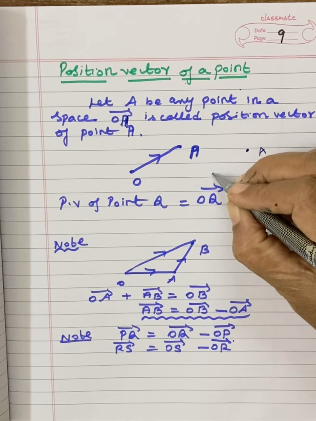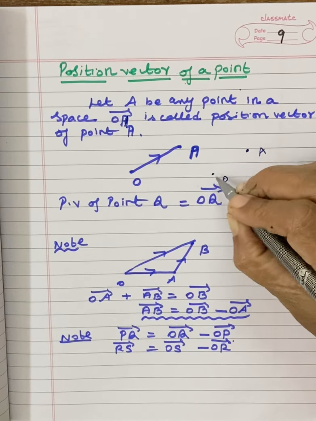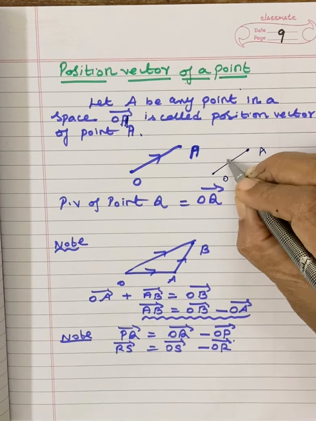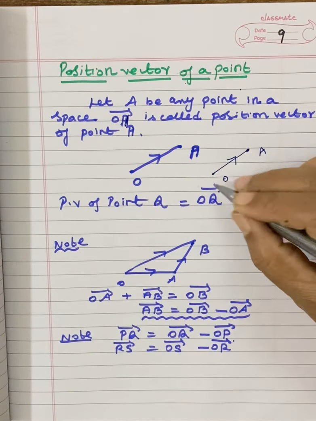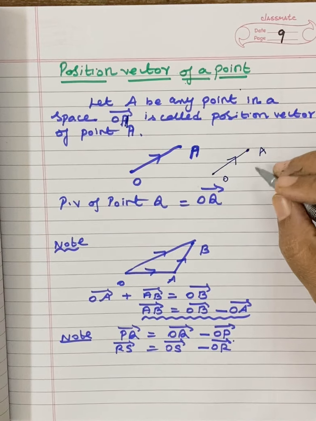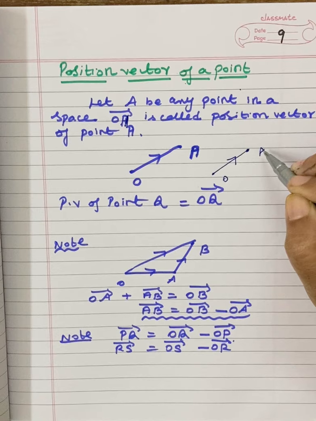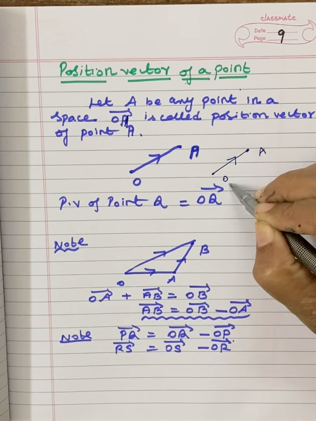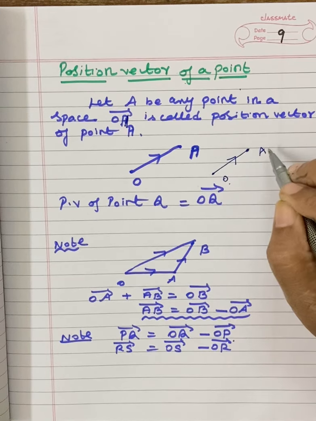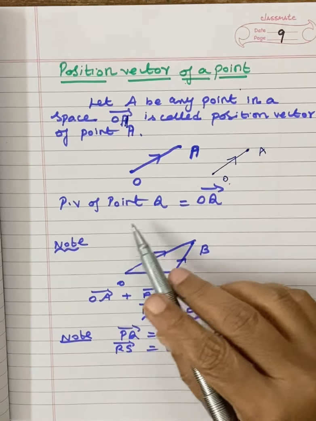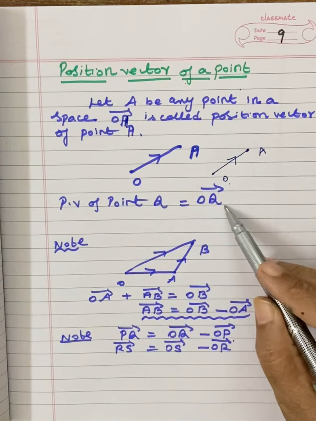So I have taken one origin O. I have joined these two. This vector is called position vector. This O I can take anywhere. So this is position vector of point A. With reference to one point, I have found out the distance OA. So this is called OA vector. Position vector of point Q means OQ vector.